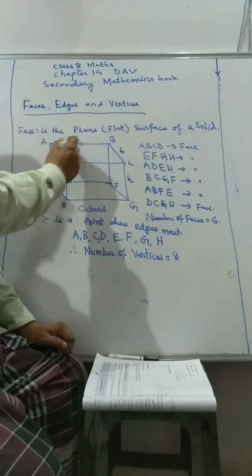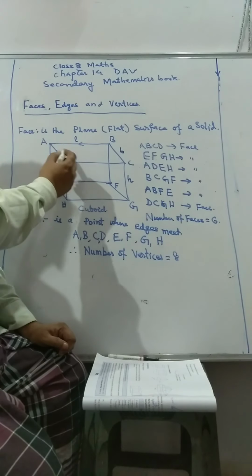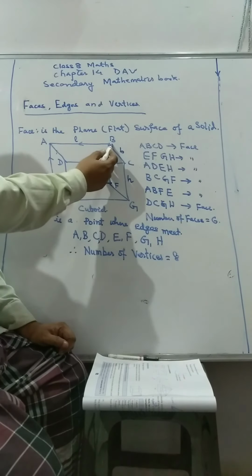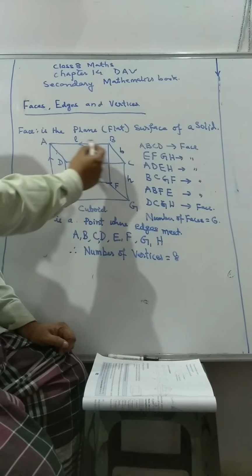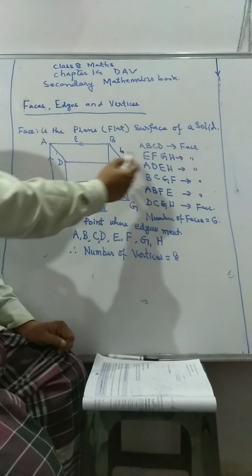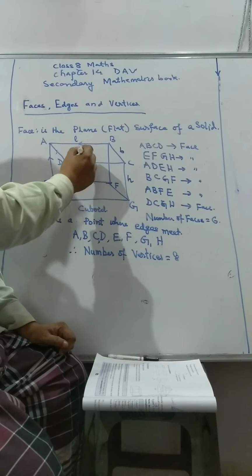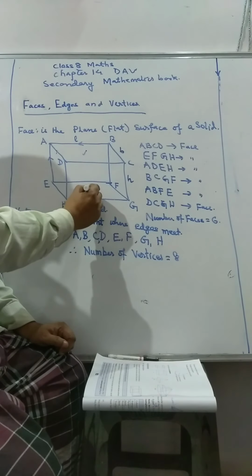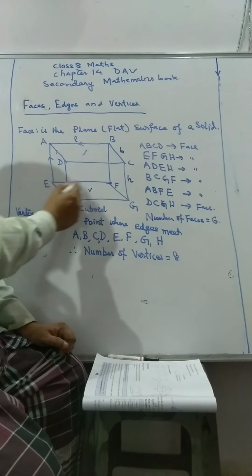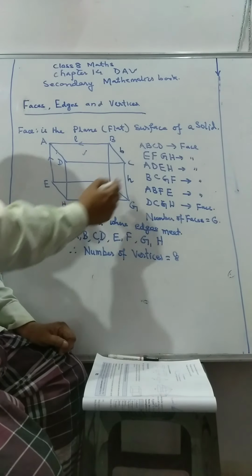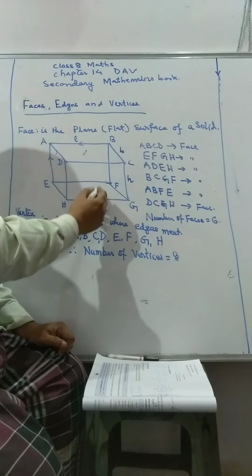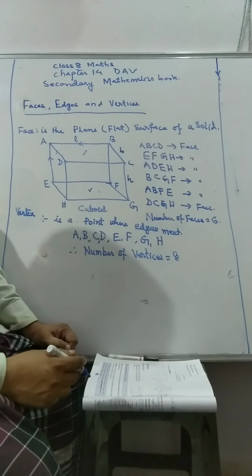Now, how many faces are there? First I have written A, B, C, and D. This is a rectangular face, so ABCD is a face. Similarly, down in the bottom, EFGH is also a face. Both rectangles are congruent, meaning their shape and size are the same.